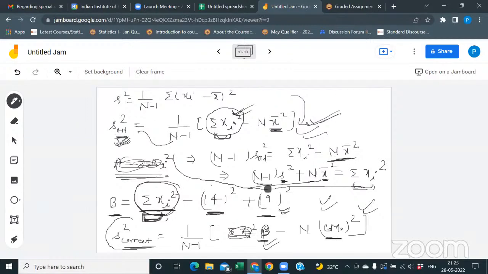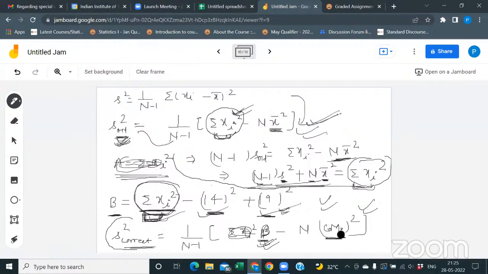Transfer this term to this side, and you will get the value of summation of xi square. Just put this value here, minus the square of the wrong observation and add the square of the correct observation. You will get the correct sum of square, that is B, and you know the corrected mean 12.83.